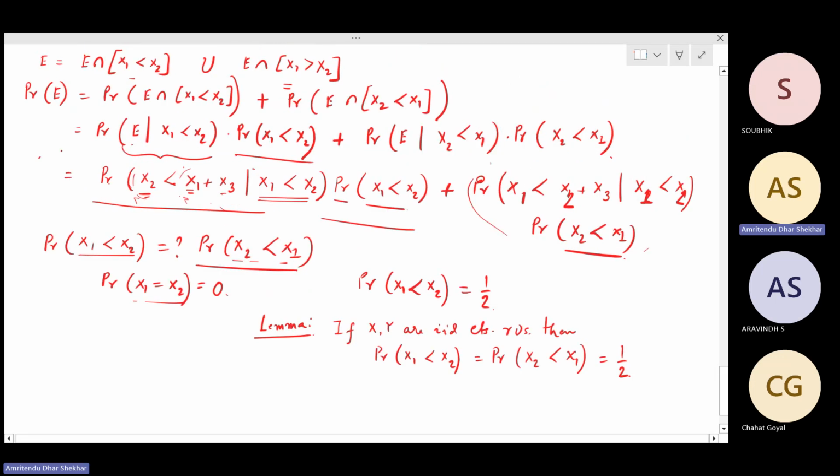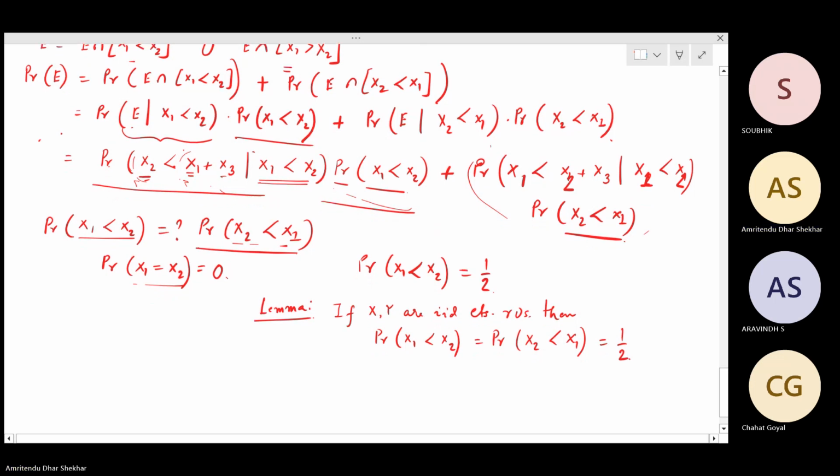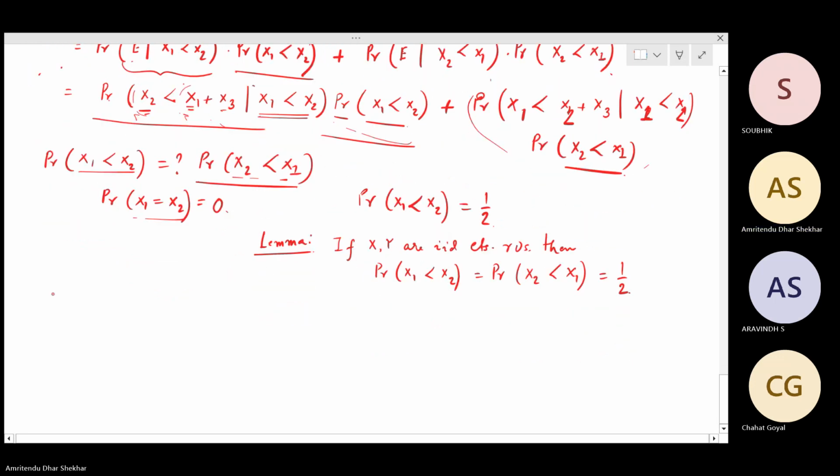We know that this is equal to half. So we are interested in computing the probability of x2 less than x1 plus x3, given that x1 is smaller than x2.